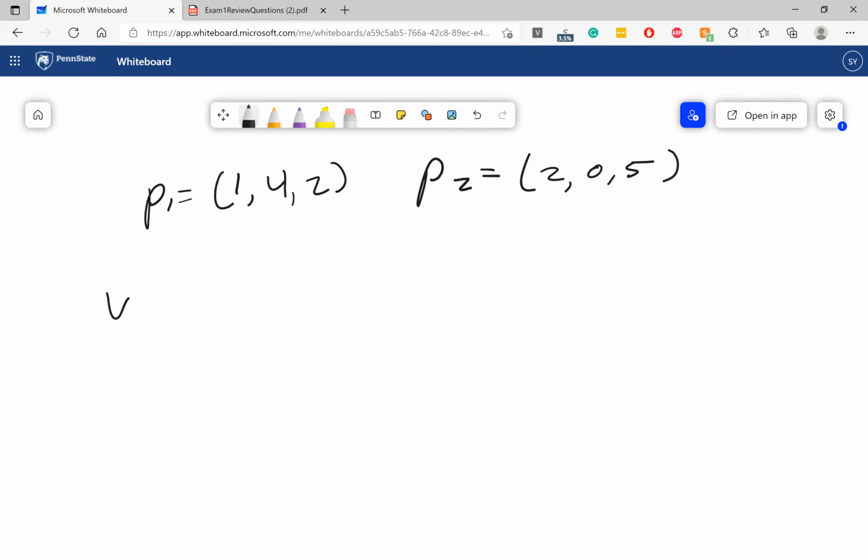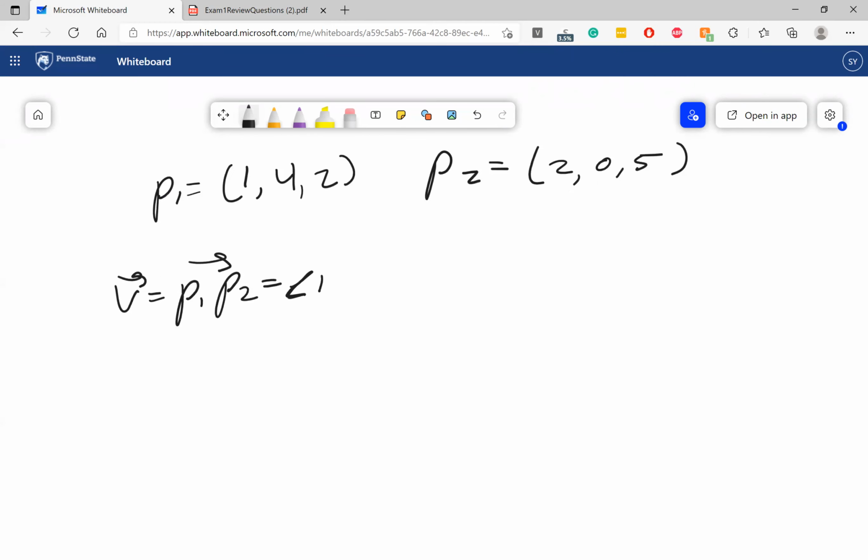So our vector V between them, the vector from P1 to P2, is going to be 2 minus 1, which is 1, 0 minus 4, which is -4, and 5 minus 2, which is 3.